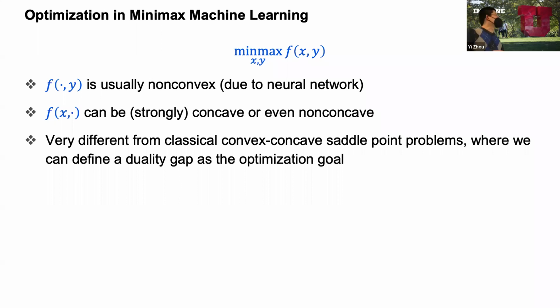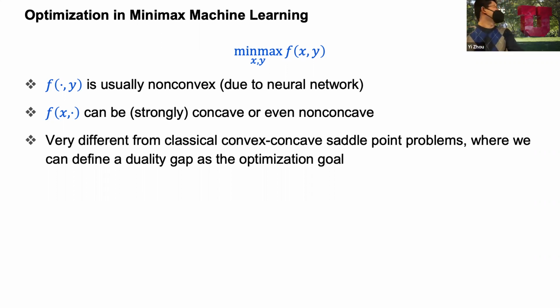So in the end, this motivates us to study a very fundamental problem: how to solve this fundamental minimax optimization problem, where we are minimizing this bivariate function over part of the variable x, and at the same time we are maximizing this function over the other part of the variable y.